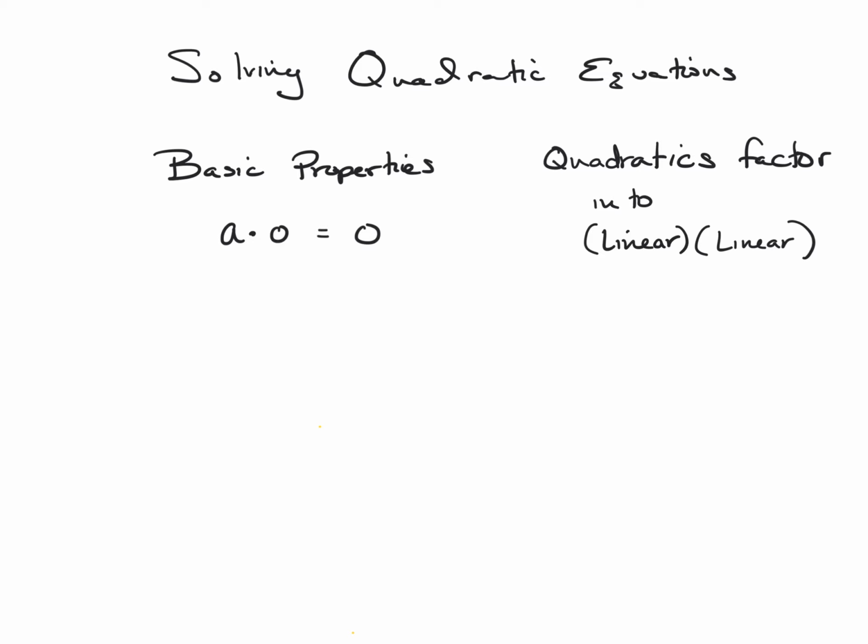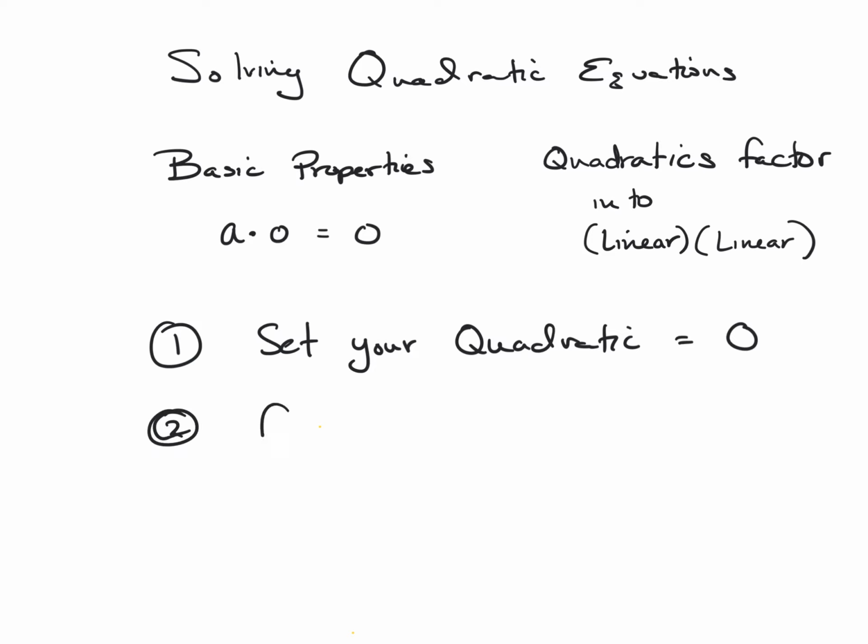We're going to combine those two properties. To solve these, just so that you're all aware, the first step is to set your quadratic equal to 0, the second step is to factor your quadratic, and the third step is to solve for your zeros.